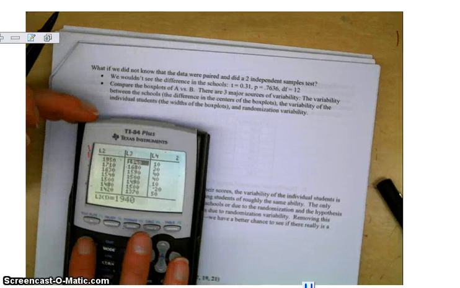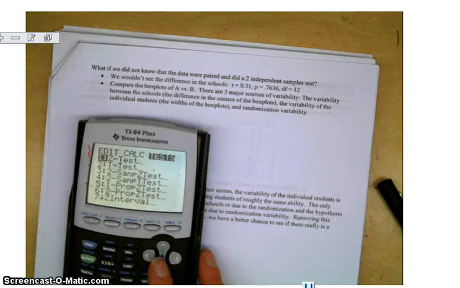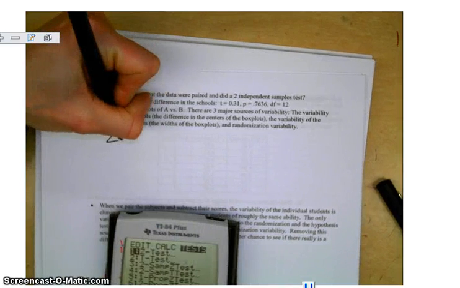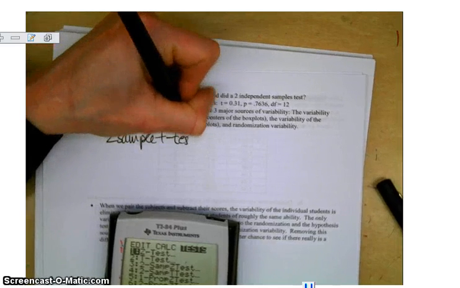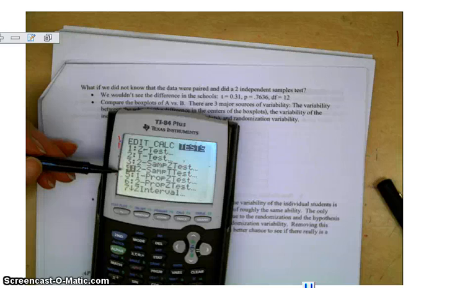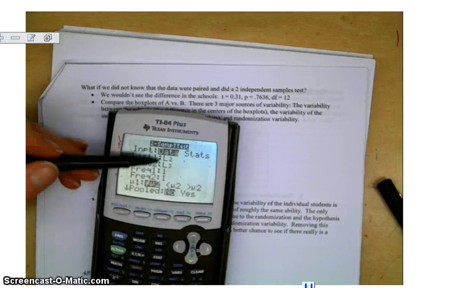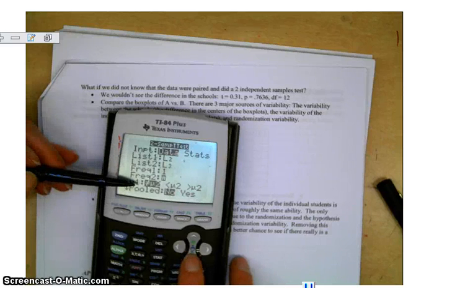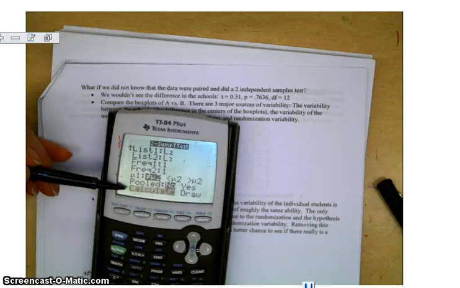And if I just go to stat and I do a test, and I don't realize they're paired, I didn't realize they paired them up. I just wanted to know if there was a difference in the school. So I decided to do a 2 sample t-test. I go down to 4, 2 sample t-test, and I have the data in list 2 and 3, and I'm doing a not equal to, it's not pooled, and I'm going to calculate it.